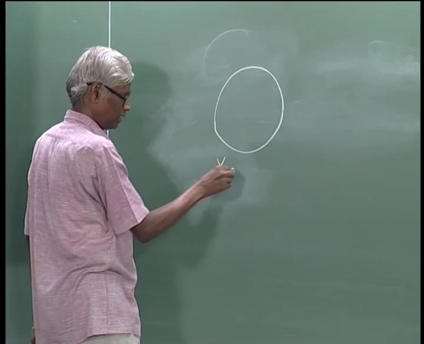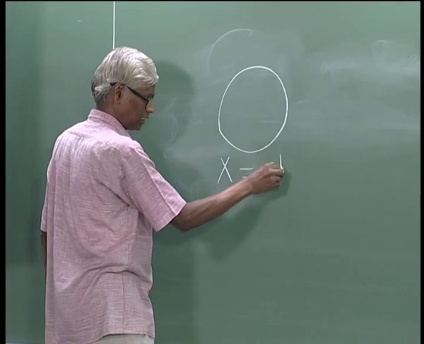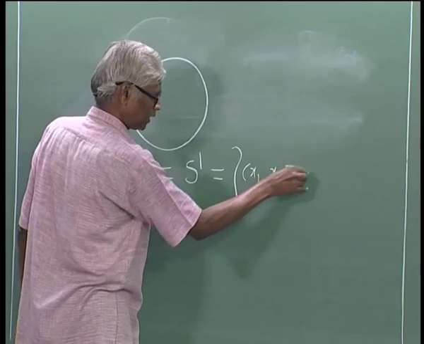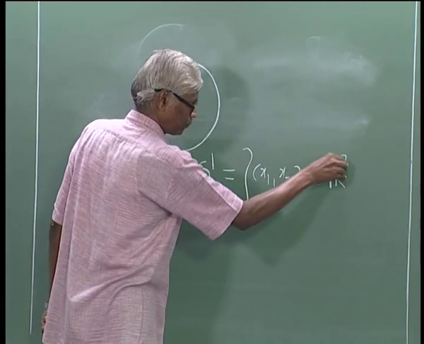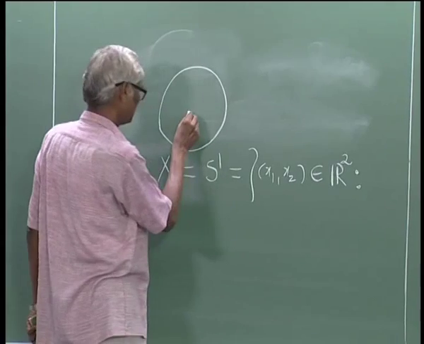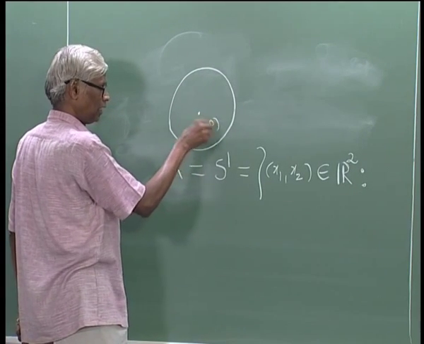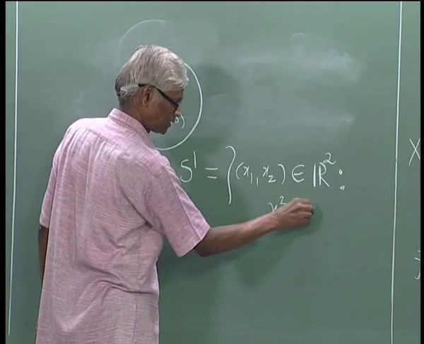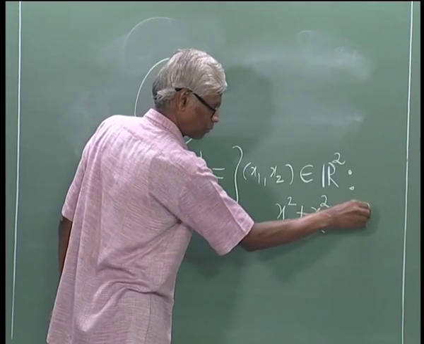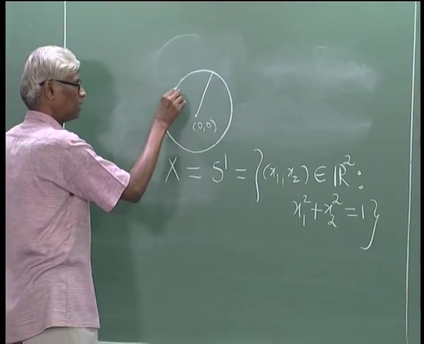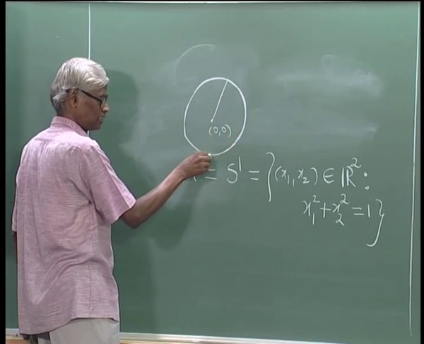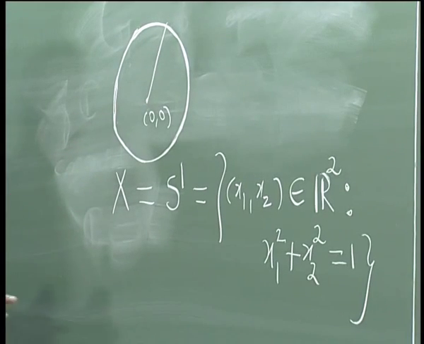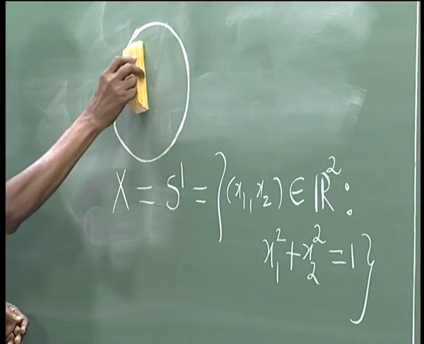So, we call it capital X is S1, set of all ordered pairs x1, x2 in R2 such that it is a circle, center at origin, radius 1, such that x1 square plus x2 square equal to 1. Only points on the boundary circle. So, this is our S1. So, in fact geometrically it is now 0 0 is not here.